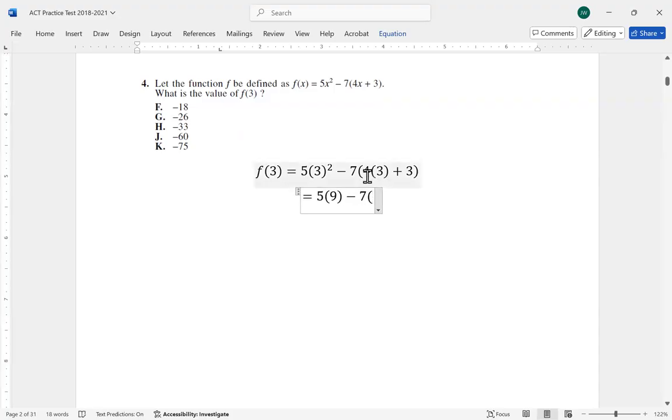In these parentheses, 4 times 3 plus 3 will give you 15. So 4 times 3 is 12, plus 3 is 15. 5 times 9 minus 7 times 15, multiply, and then subtract, you get negative 60. So negative 60 is the answer to question number 4, and that is option J.